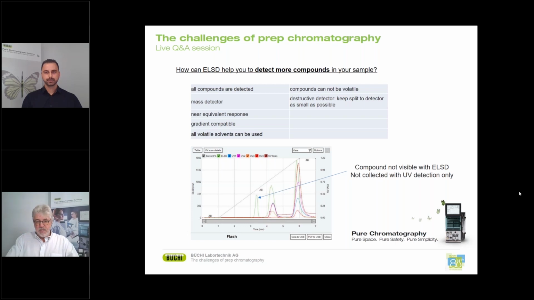So with UV, if you want to be sure you have everything, you have to collect all. If you use a combination of UV and light scattering, or light scattering on its own, you can collect only the peaks, because there you have the big confidence that you will have collected everything that is present in the sample.